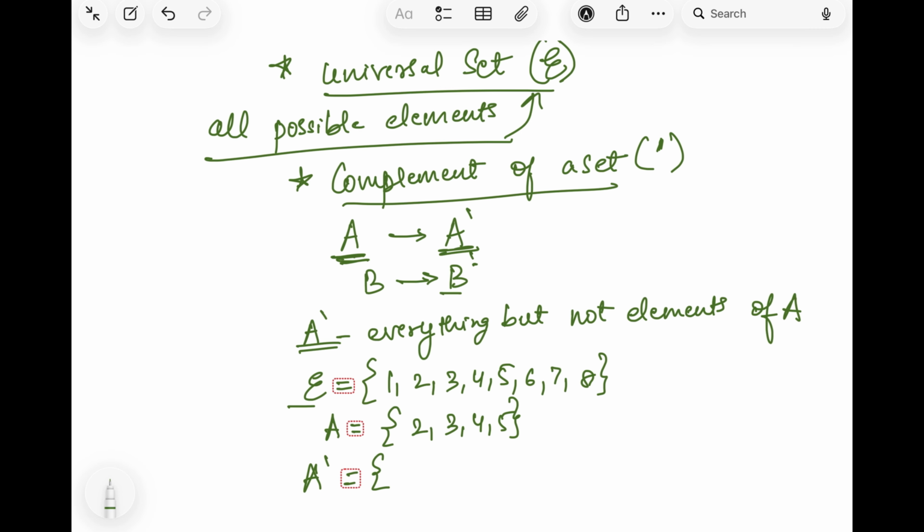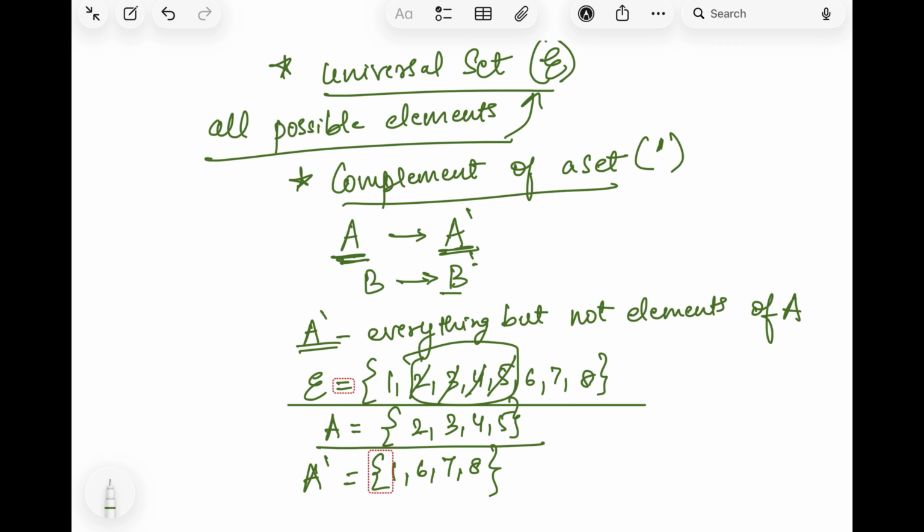You will write everything in the universal set, but not the elements of A. So we will not write 2, 3, 4 and 5. Leaving these 4, we will write everything else present in the universal set, that is 1, 6, 7, 8. So I hope it is very clear what is complement.